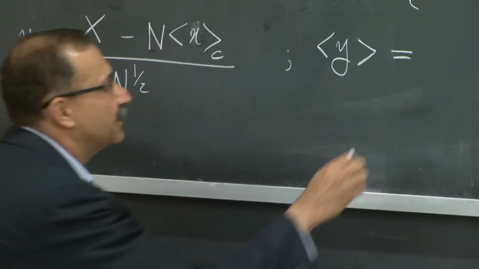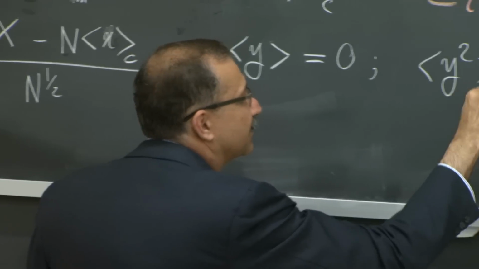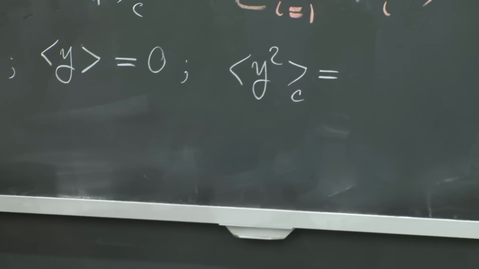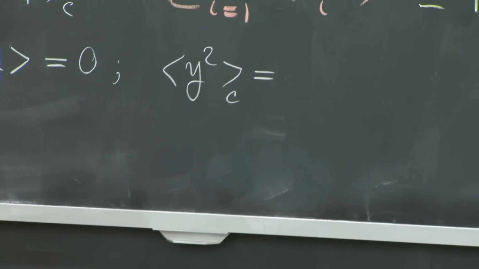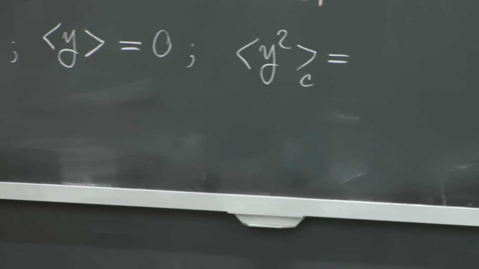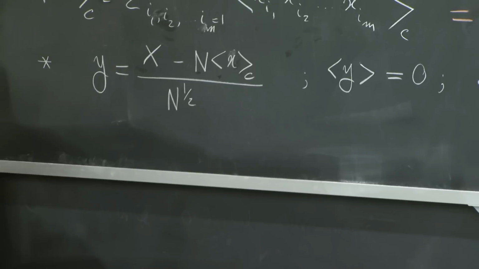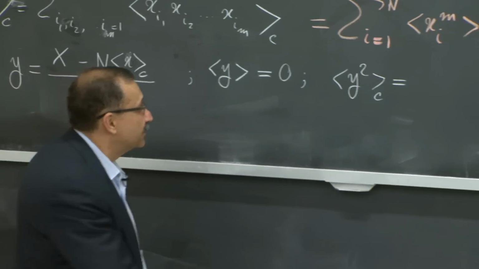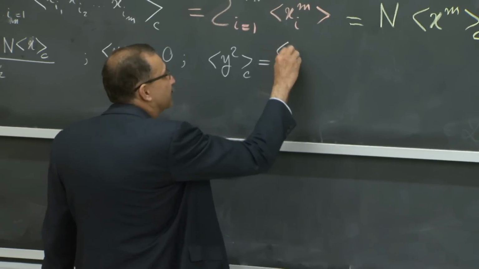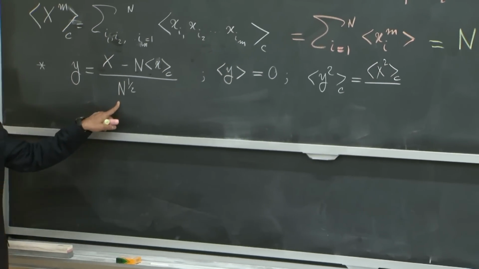All right, no problem. Average of y squared, not average of y squared, but the variance. Actually, it's easy to show that the variance doesn't really depend on the subtraction. It is the same thing as the variance of x. So it is going to be essentially x squared c divided by square of this.